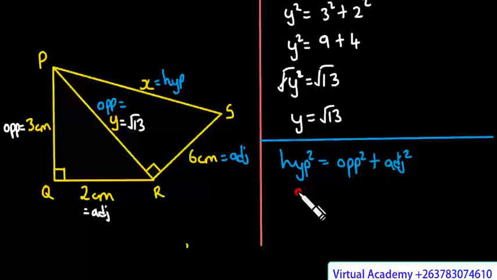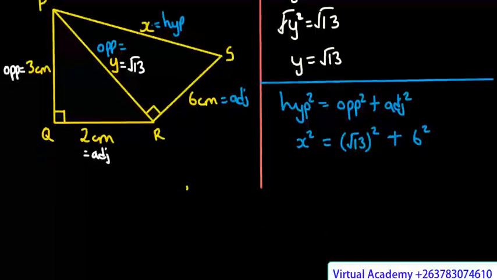In this case the hypotenuse is x, so I'm going to write x squared is equal to the opposite, this time around the opposite is the square root of 13, so we have the square root of 13 squared, plus adjacent, it's 6, then we have 6 squared.